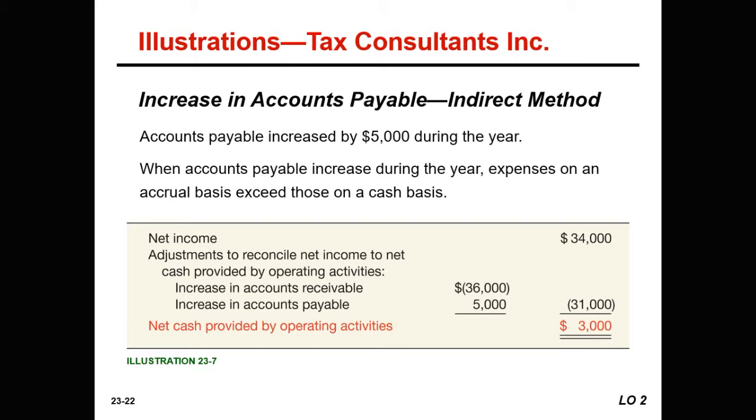When non-cash current assets increase and non-cash current liability accounts increase, the amount is subtracted from net income. My apologies. So when they increase, we add it to net income. When accounts payables increased during the year, expenses on the accrual basis exceeded those on the cash basis.